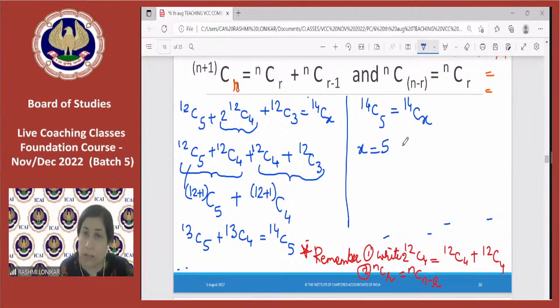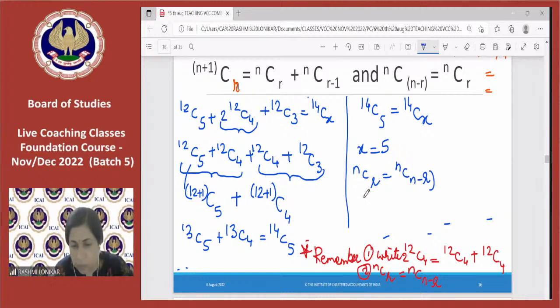Okay, that is one option. But because I know that NCR is equal to NCN minus R, I have 14C5 equal to 14C9, because 14 minus 5 is 9, equal to 14CX.